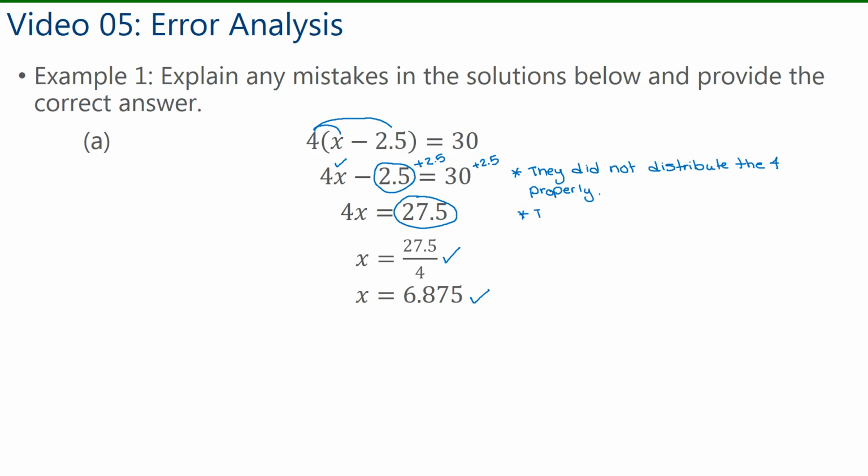And then they did not add 2.5 to both sides. They subtracted. So now we know where they went wrong. Let's write the correct solution.